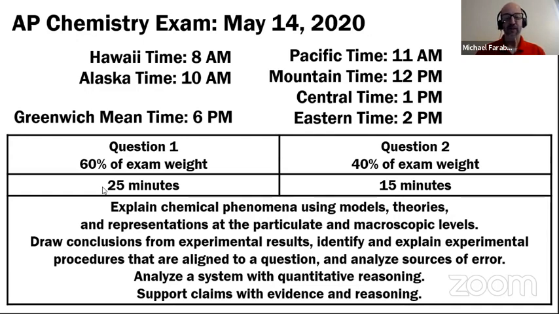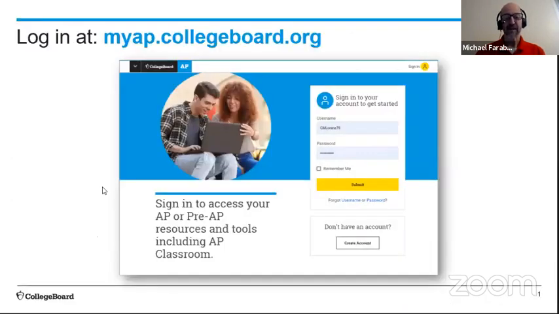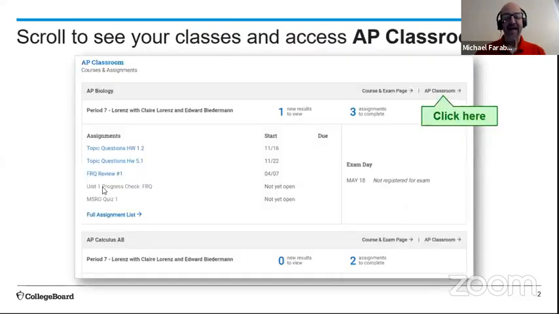And just to remind you that you can go to the College Board website. You can log in at myap.collegeboard.org. And then once you log in, you can take a look at AP Classroom. So when you see your classes in AP Classroom, while your teachers may assign specific practice problems for you all to do, there are optional practice problems for you all to click on and take.